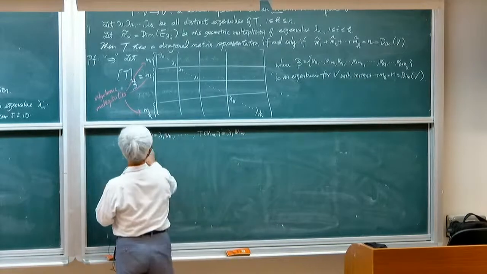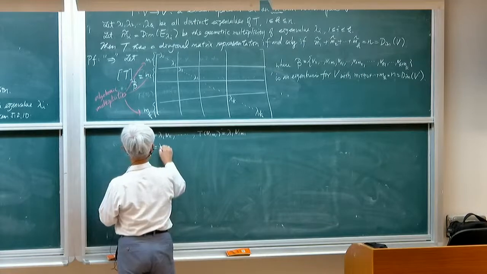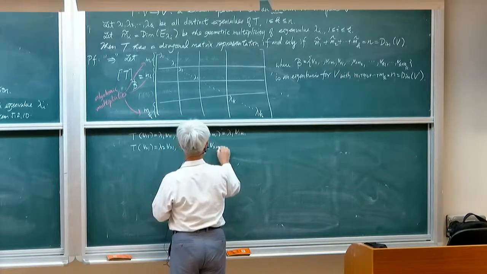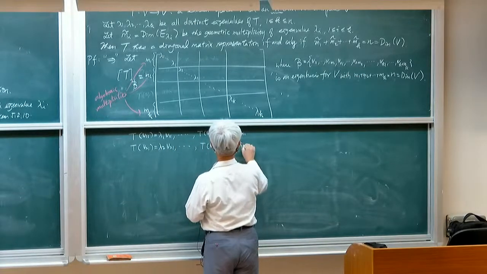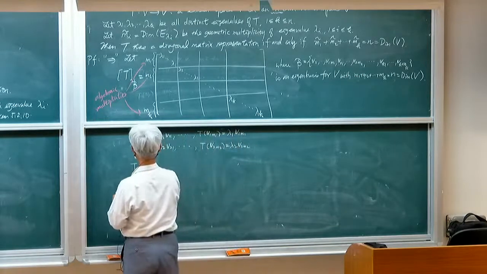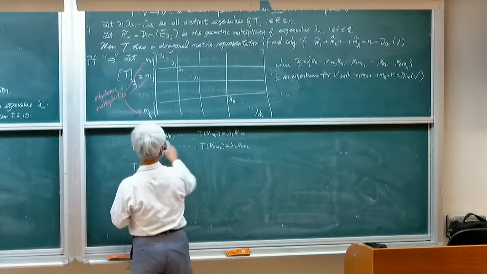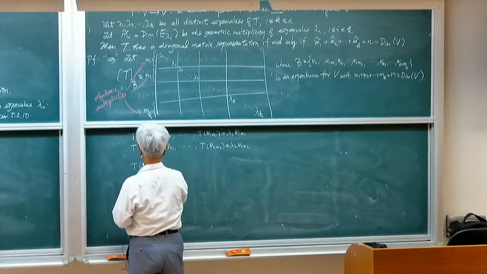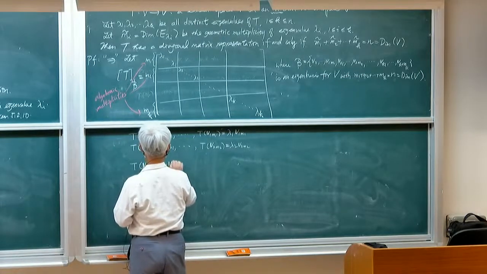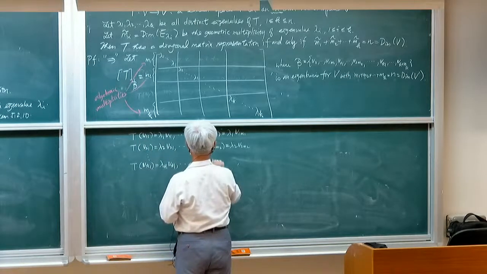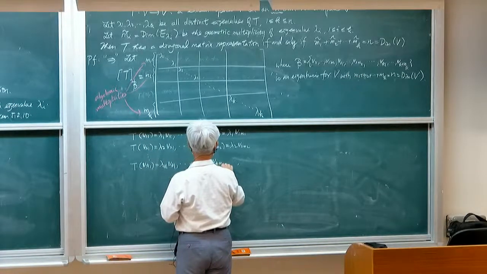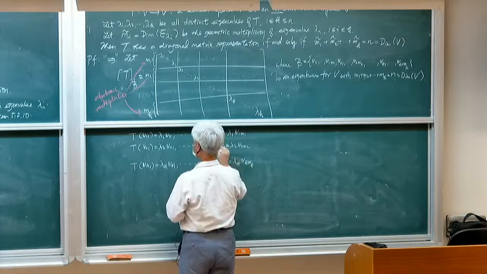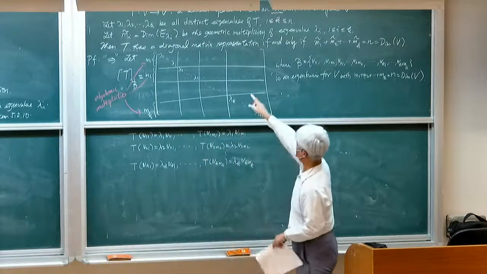And for TV21 is lambda 2 V21, up to TV2M2 is equal to lambda 2 V2M2, and so on, because of the column vectors, TVK1 is equal to lambda K VK1, up to TVKMK is equal to lambda K VKMK.